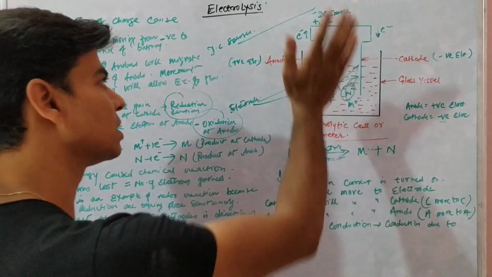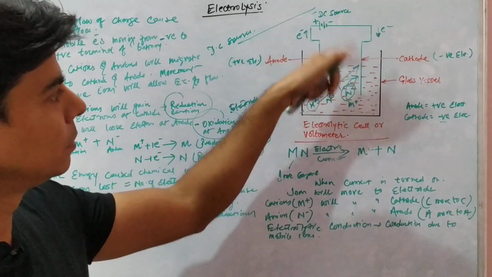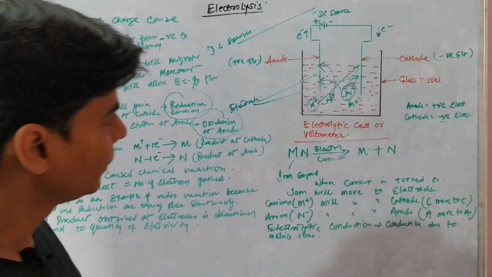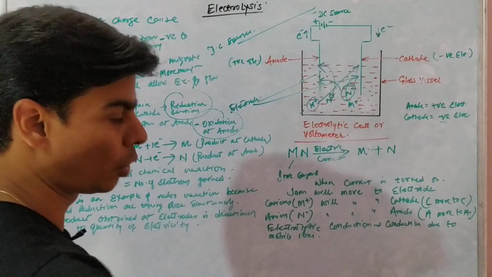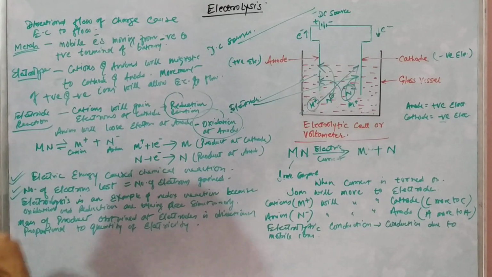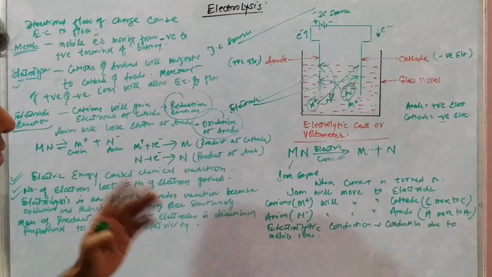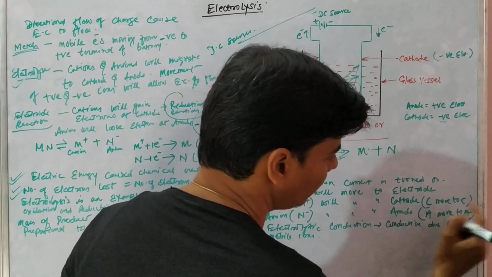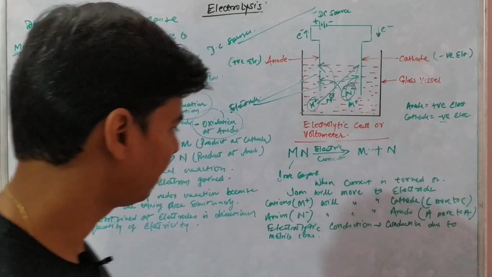This is connected to a direct current source, that is the battery. When the electric current is turned on, we have directional flow of charges: cations will move towards the cathode, anions will move towards the anode. And there is a way to remember: C to C, A to A.